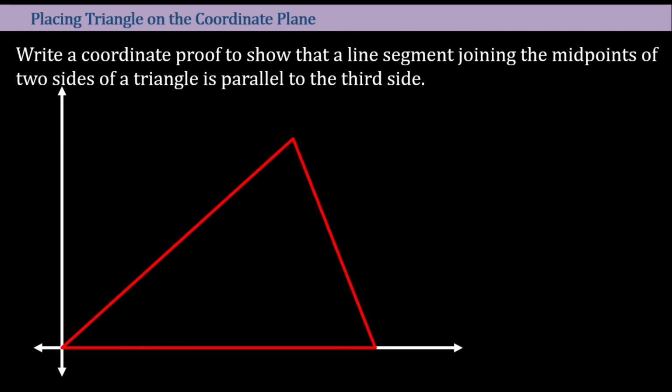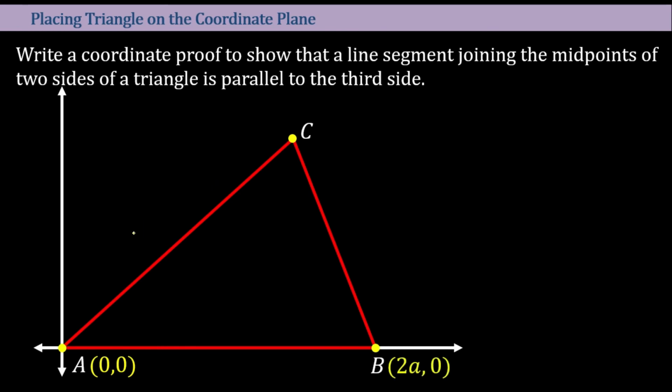So let's first mark the vertices of the triangle. This will be A, B, and C. This will be 0, 0. Now, since we will be concerned with the midpoints of these sides, it would be wise to use 2A here. So 2A, 0.